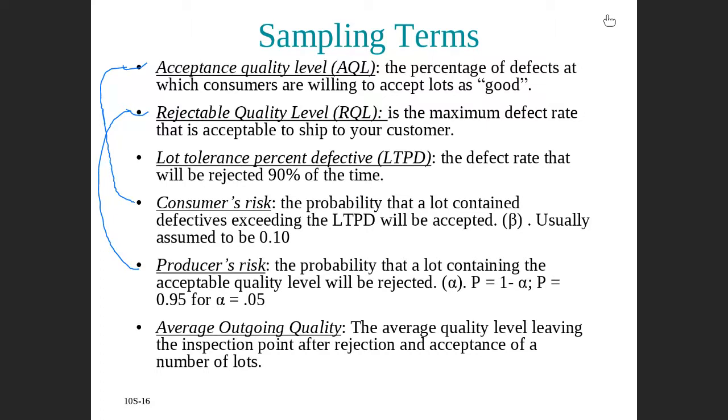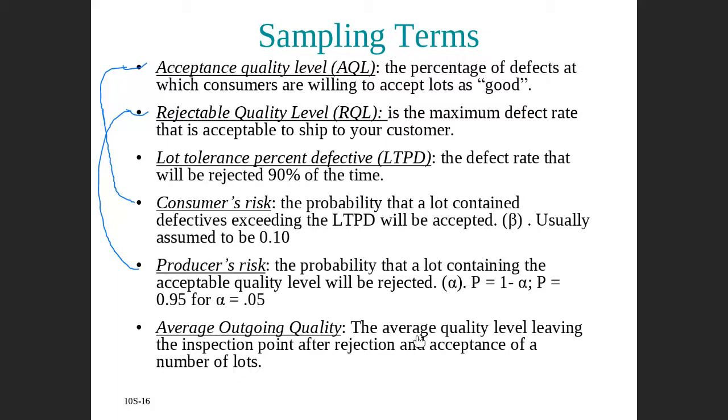the number of samples used. The last terminology is the AOQ, which means the average outgoing quality level leaving the inspection point after rejection and acceptance of a number of lots. That means you have done the acceptance and rejection, you have done your inspection. What is the average quality level? Average quality, not the maximum or the minimum.